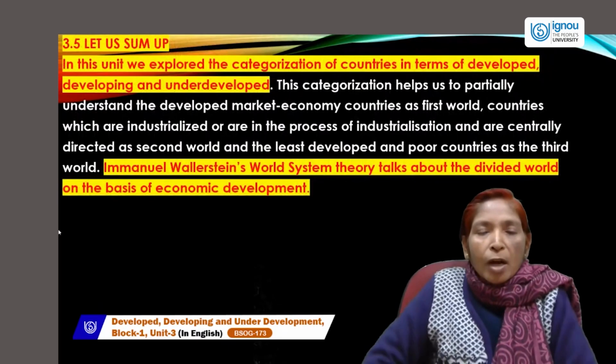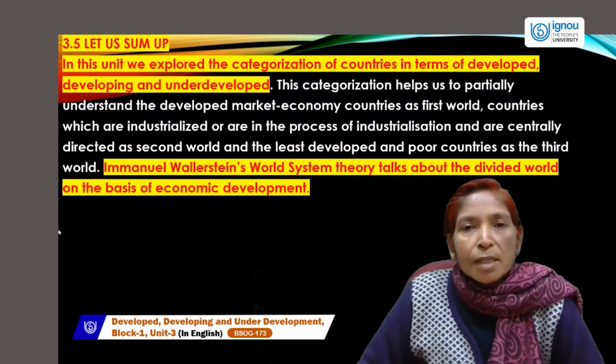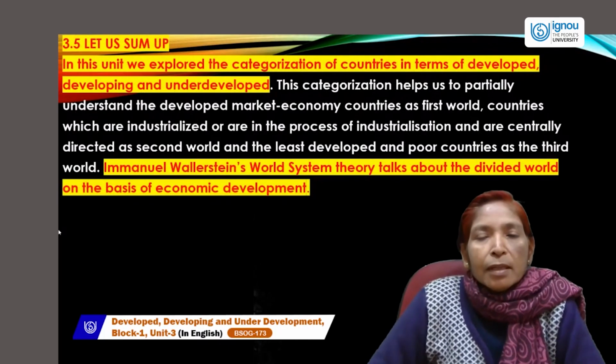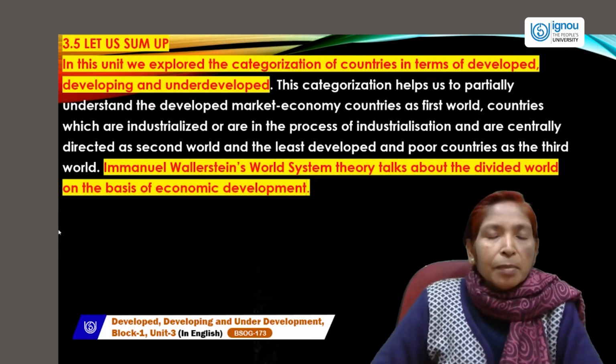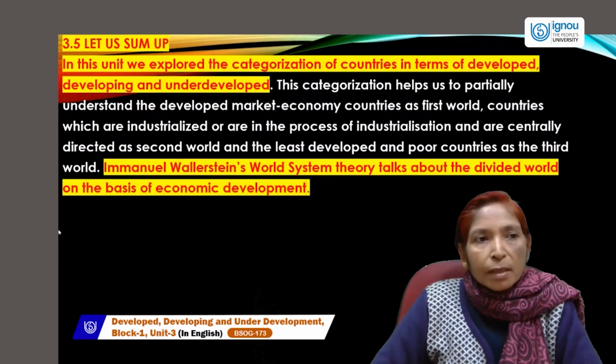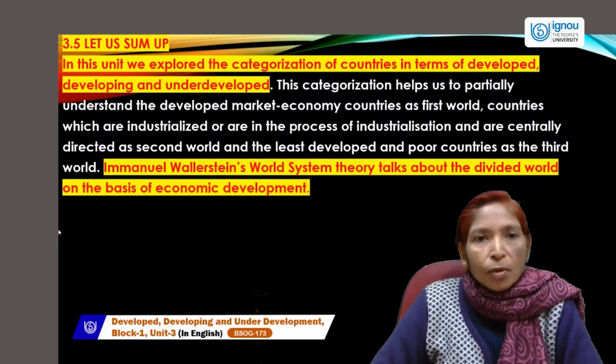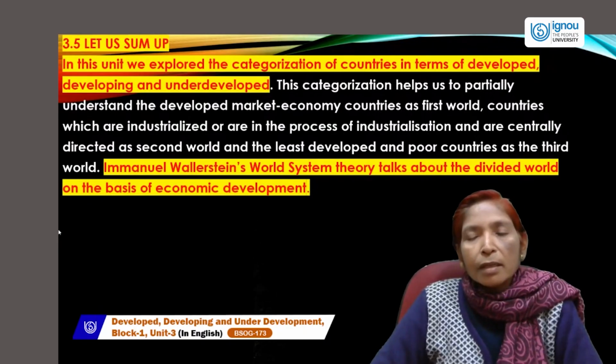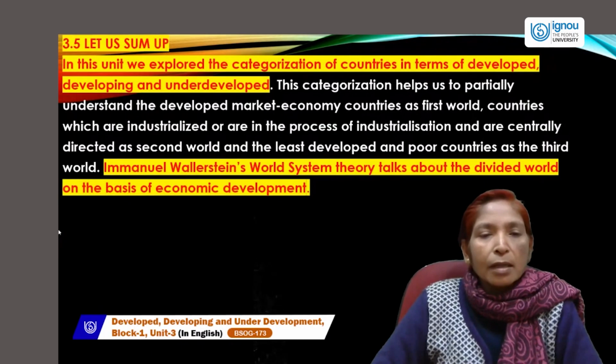Now, let us sum up. We can conclude from the above discussion, which we have done in Unit 3, Developed, Developing, and Underdeveloped Countries. In this unit, we explored the categorization of countries as developed, developing, and underdeveloped.